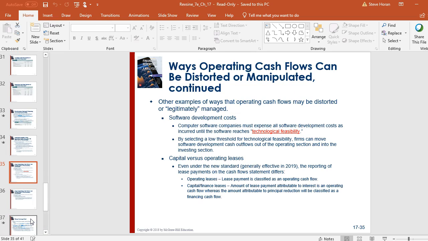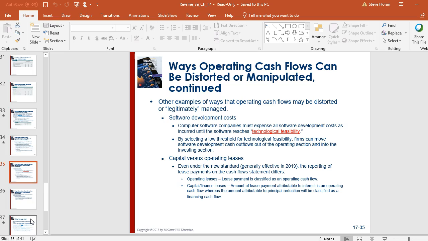And then just some other examples too. Remember, we've talked previously about software development costs and what they call technological feasibility. Remember that most R&D things are expensed as incurred, most research and development. Software, though, is one of those exceptions.